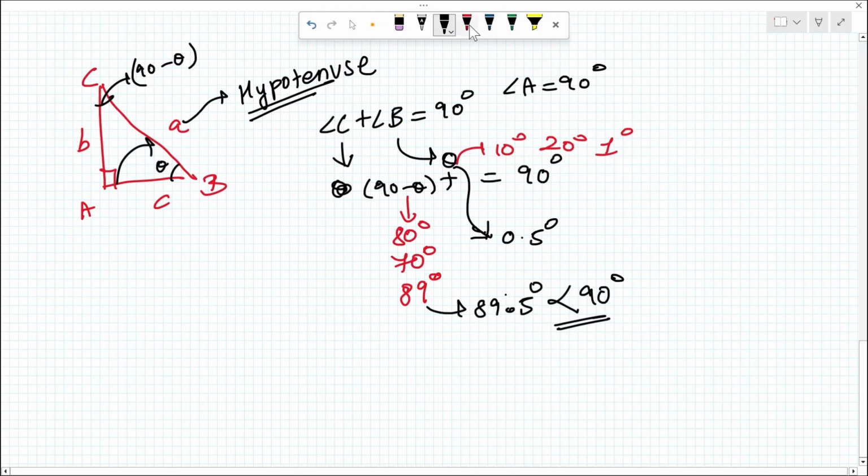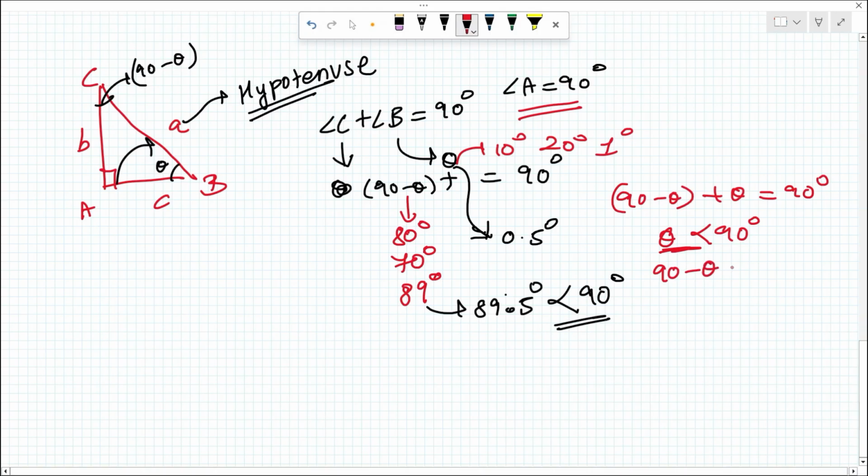Are you able to see this? So 90 minus theta plus theta is 90 degrees, right? Therefore, theta will always be less than 90 degrees. This is only for a right angle triangle. If angle A is 90 degrees, then theta must be less than 90 degrees and 90 minus theta must be less than 90 degrees. What this means is that the largest angle in a right angle triangle is the right angle itself.